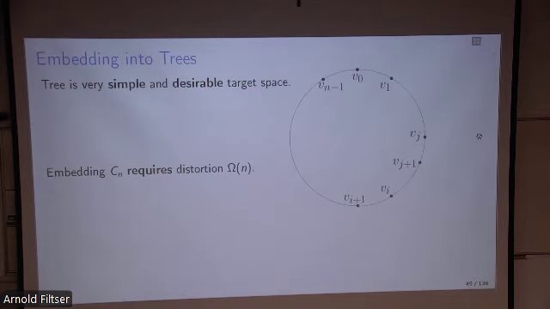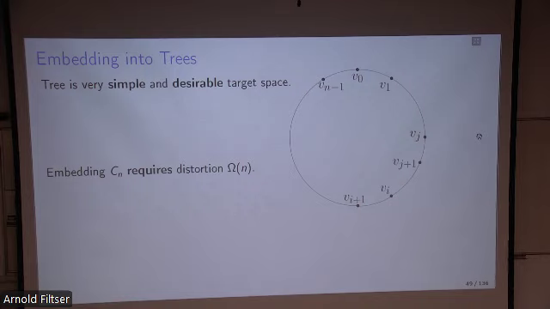Now, if I delete, say, the edge from 0 to 1, what will be the distance from 0 to 1 now? It's n minus 1. Originally, it was 1. And this is the worst possible distortion for any pair. So the distortion is n minus 1.